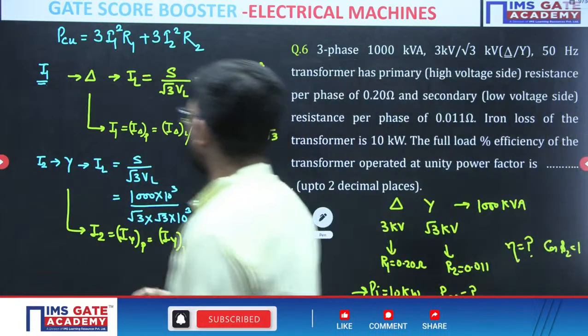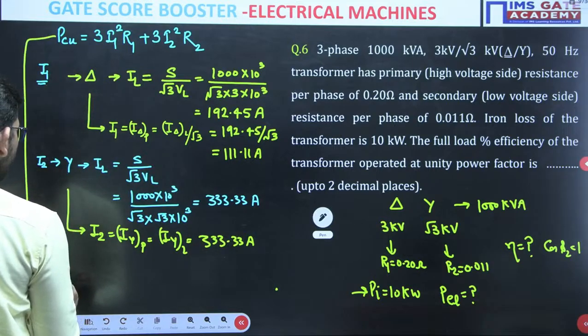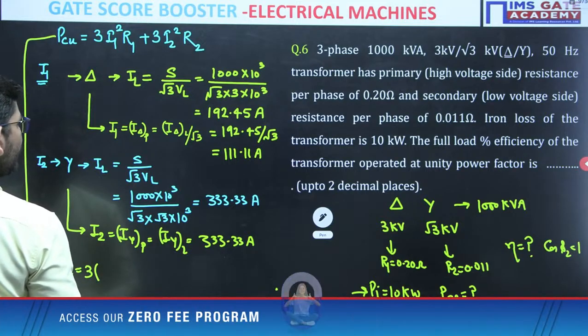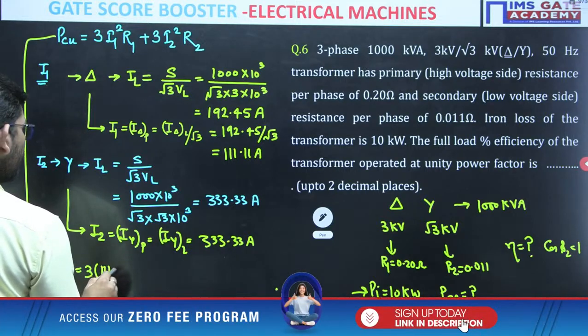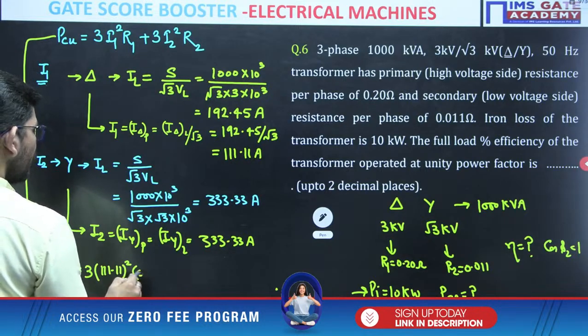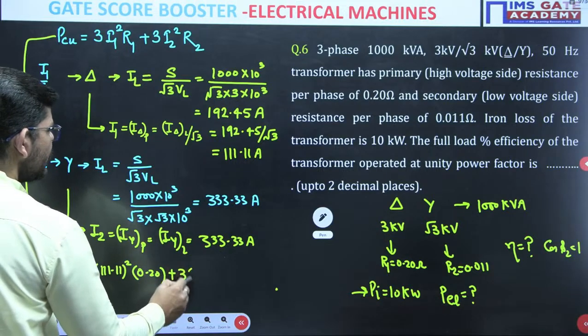Now coming back to the same formula, which is copper losses. So what will be the copper losses? It will be 3 I1 square. What is I1? 111.11 square R1. How much is R1? 0.02 plus 3 times I2 square.